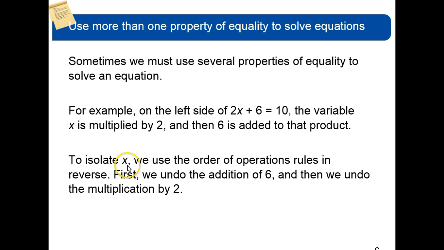To isolate x, we use the order of operations rules in reverse. So we're going to subtract 6 and then divide by 2. First we undo the addition of 6 and then we undo the multiplication by 2.